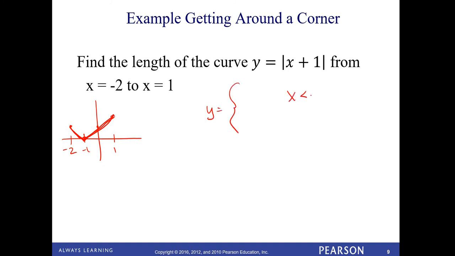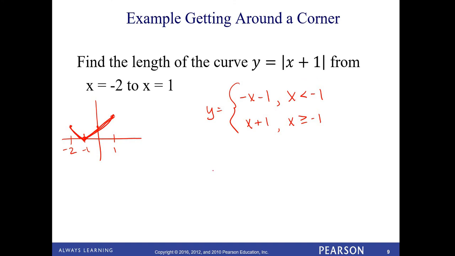When x is less than -1, the inside of the absolute value is negative, so we want the opposite: -x minus 1. And anywhere where x is greater than or equal to -1, the function is positive or 0, so we can use the function as is.